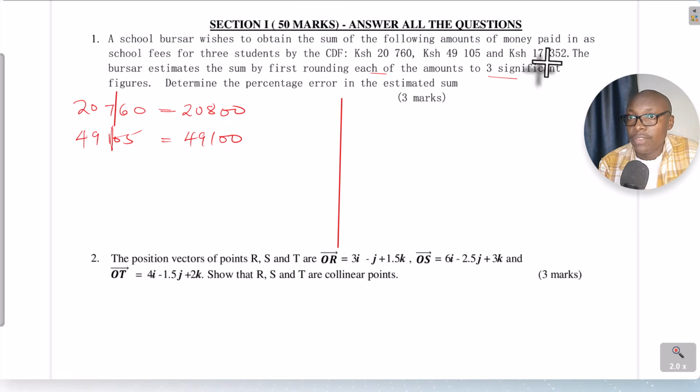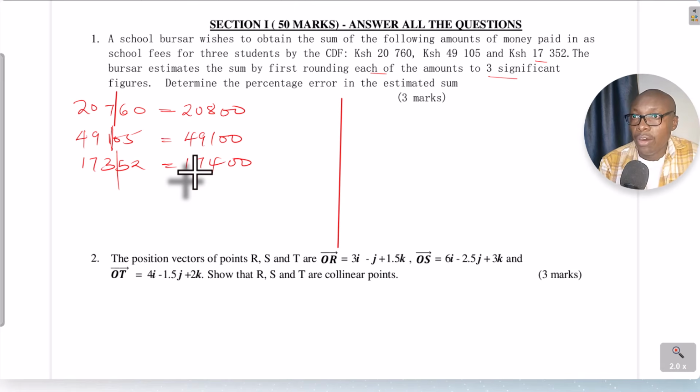And then the other one is 17,352. We look at this digit here. This is 5, so we have to add 1 to round this one upwards: 174,00. So those are the amounts rounded off correct to 3 significant figures.